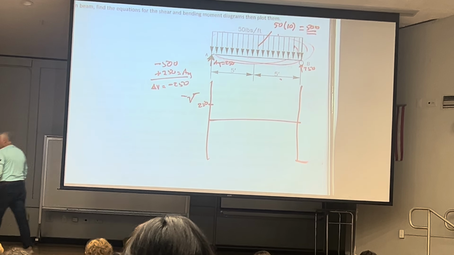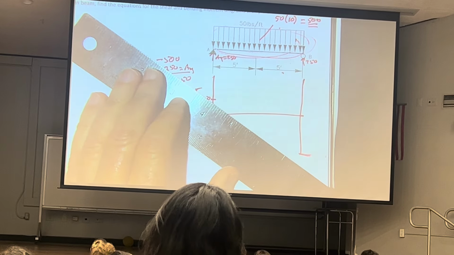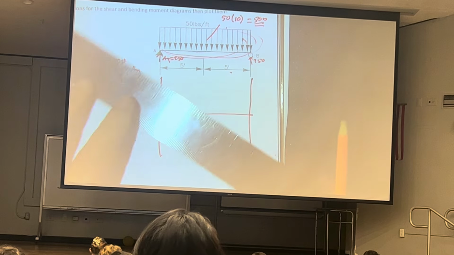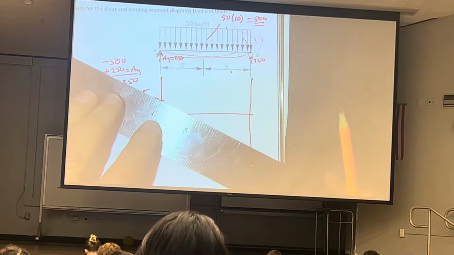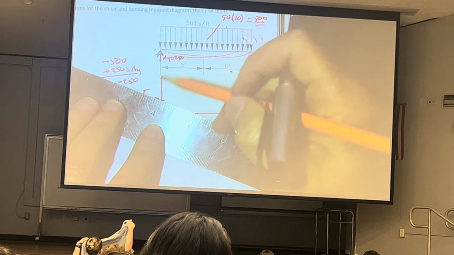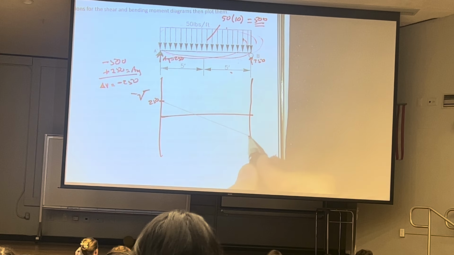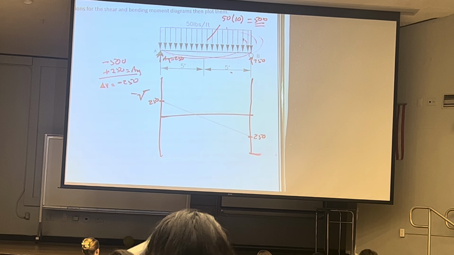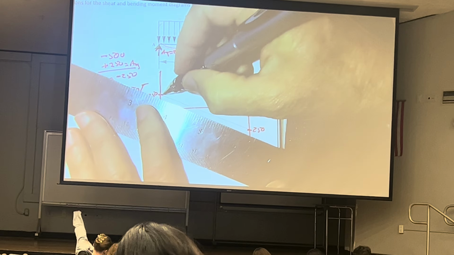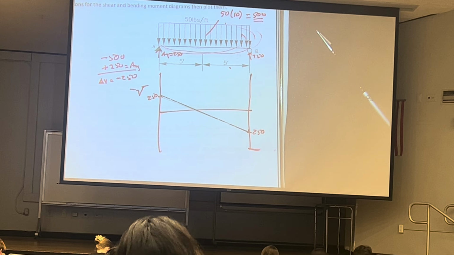So, what you're telling me is, I know from my chart, I have a line. That line's got to be this right here. And it's got to end at minus 250. So my line's got to be this.